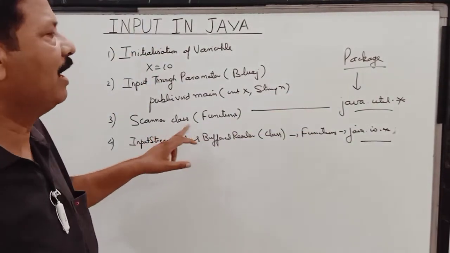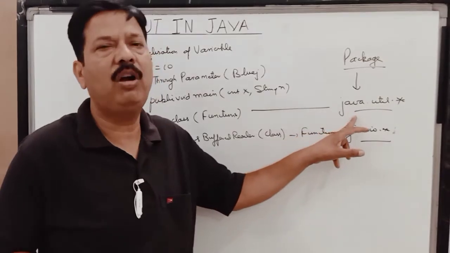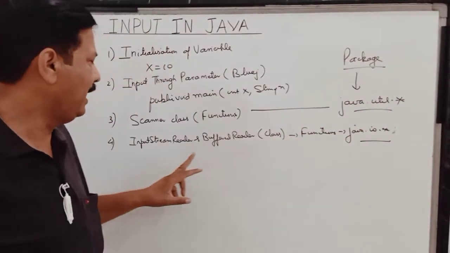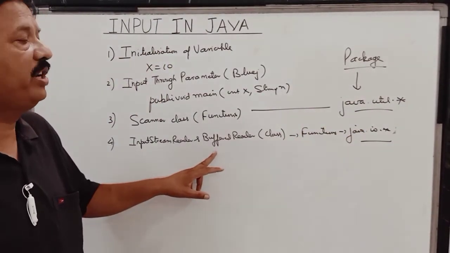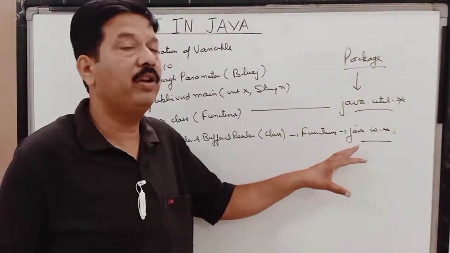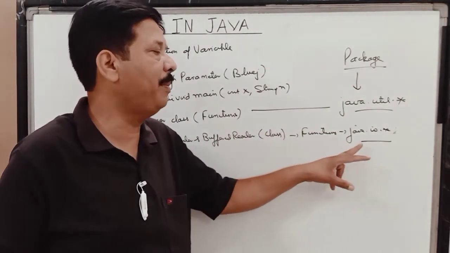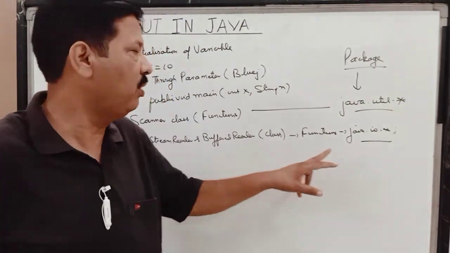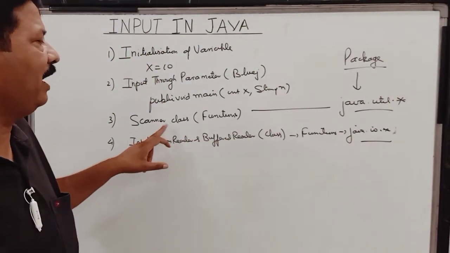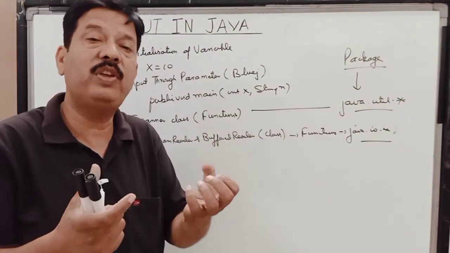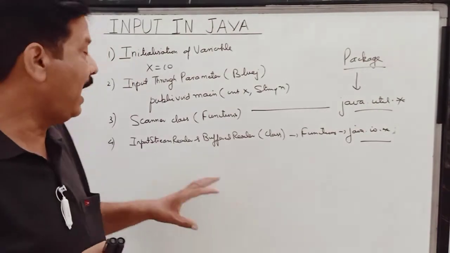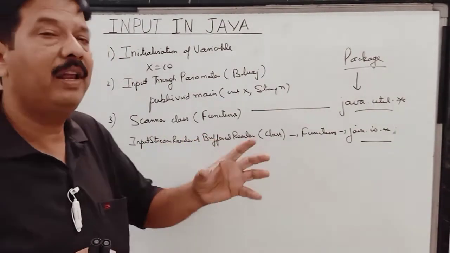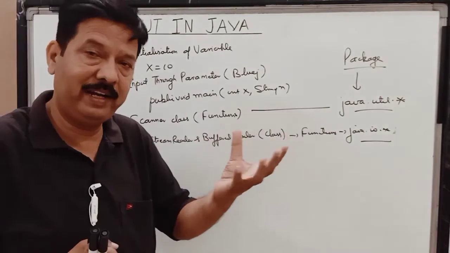So this scanner class is available to us in a package called java.util, and the buffered reader and input stream reader classes are available to us in a package called java.io. And children, in this scanner class we have different functions through which we can enter value, and in input stream reader and buffered reader, we have some functions through which we can enter value.